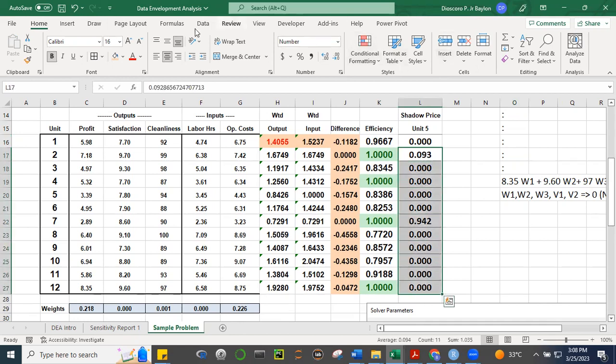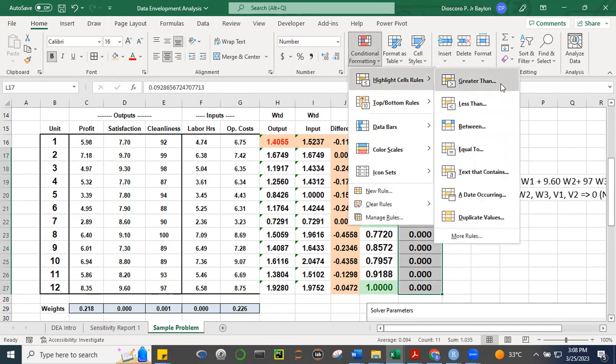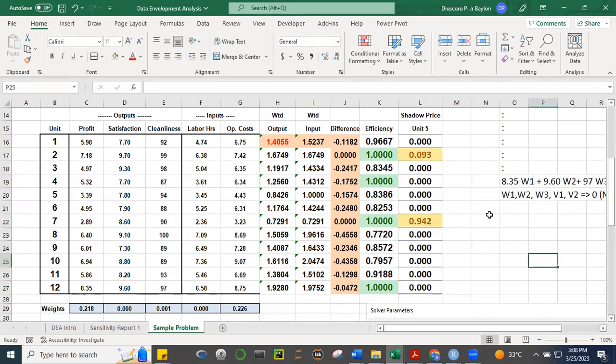Let me apply conditional formatting again. Okay, so we can create a linear combination of your efficient units that performs better than your non-efficient unit.